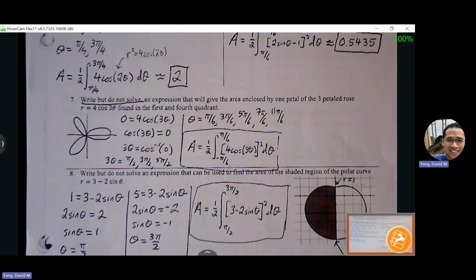Normally the graph would start here and then complete the remaining portion here. But if we start here first, it would graph this portion first and then this portion. That will still create that first petal, just a little bit out of order, because it does the last part first and then the first part. So that's how we can get the bounds from negative pi over 6 to pi over 6, filling in the fourth quadrant into the first quadrant.